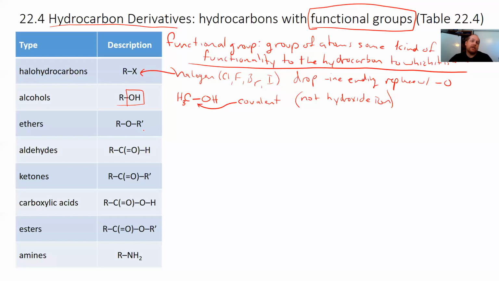When you have an ether, the functional group is two organic pieces, or two hydrocarbon-based pieces, attached to each other through bonds to an oxygen. Now, keep in mind, if we're really thinking about Lewis structures, you'll notice a lot of these Lewis structures don't include the lone pairs of electrons.